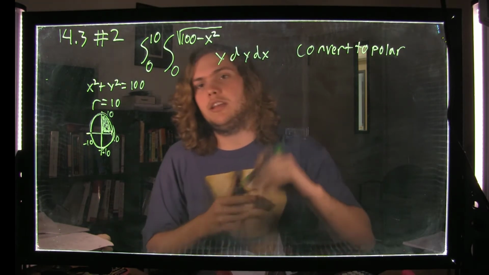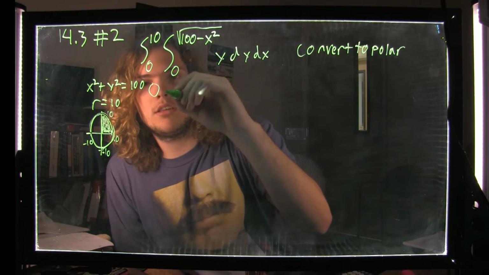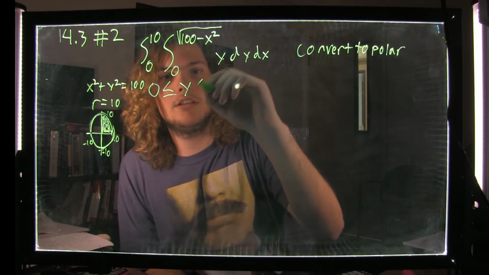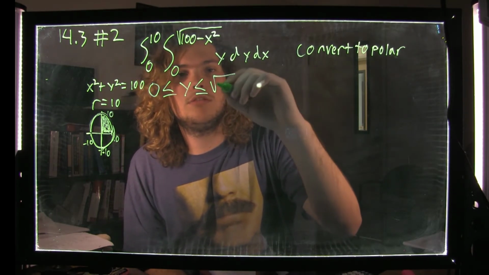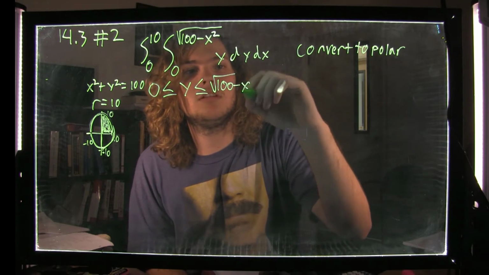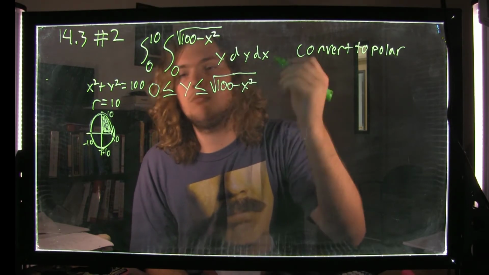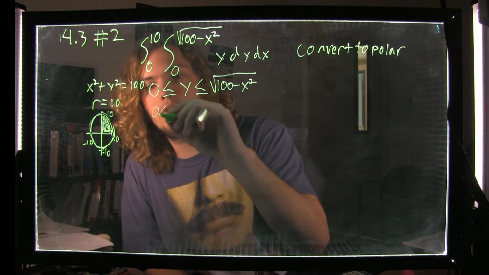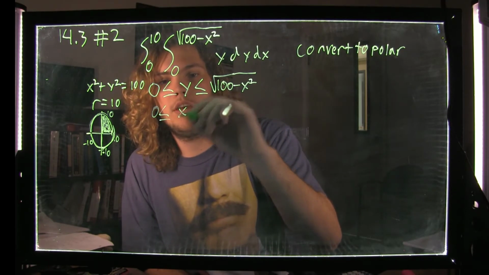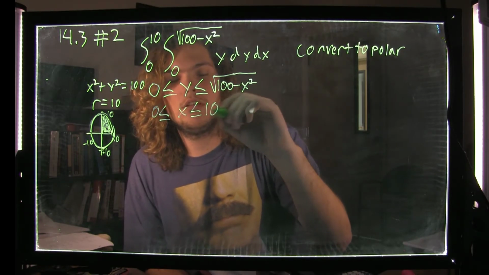So basically, if this guy goes from here to here, root 100 minus x squared, that's your y, and then your x is 0 to 10.